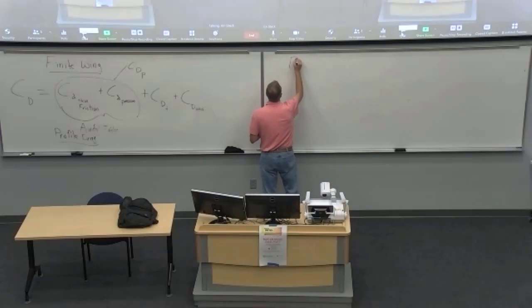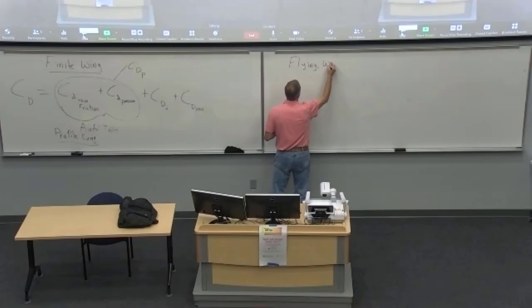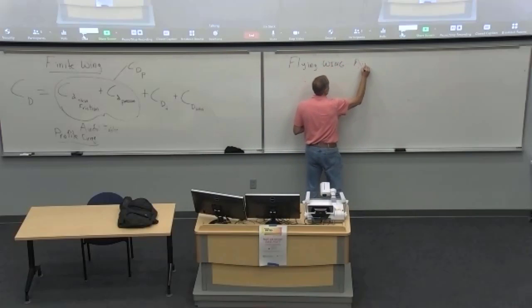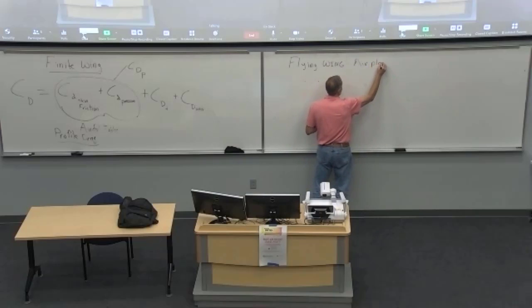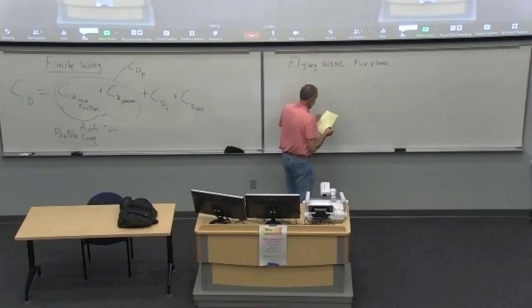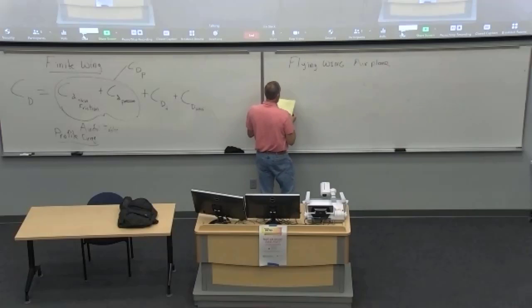So here's a flying wing airplane. It's just a wing. So I'm going to draw a wing because I always draw a picture.